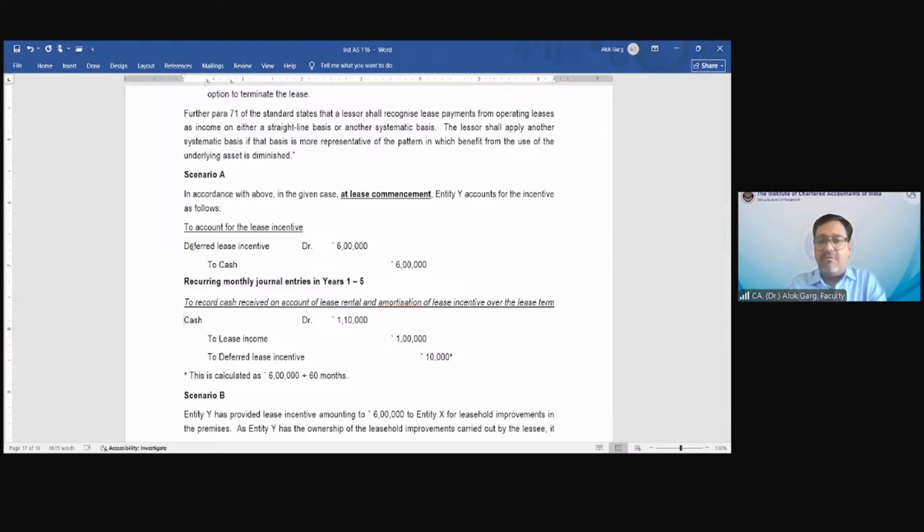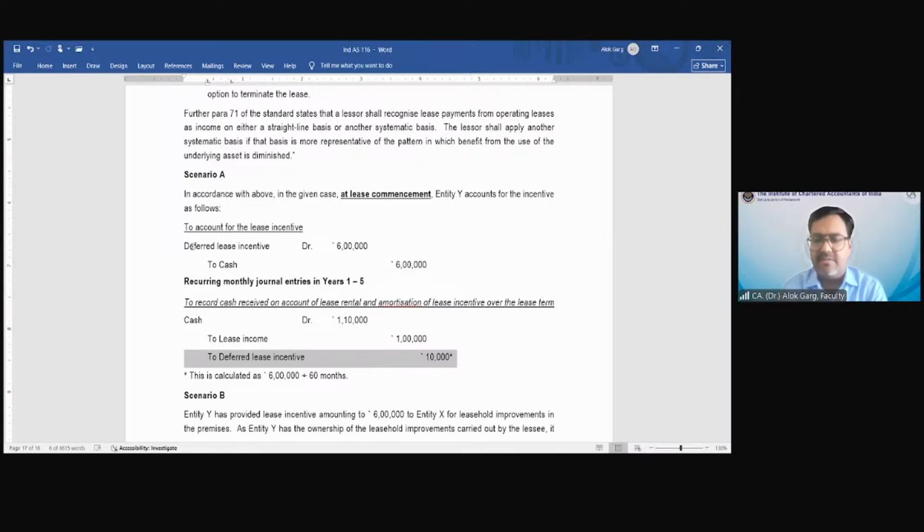And what will the lessor do? The lessor will record bank debit 1,10,000 to lease income 1 lakh and deferred lease incentive 10,000. So basically, on a monthly basis, the lessor will receive 1,10,000 rupees as income. So bank debit 1,10,000, rental income 1,10,000, and this deferred lease incentive he will amortize over a period of 5 years. 5 years is equal to how many months?